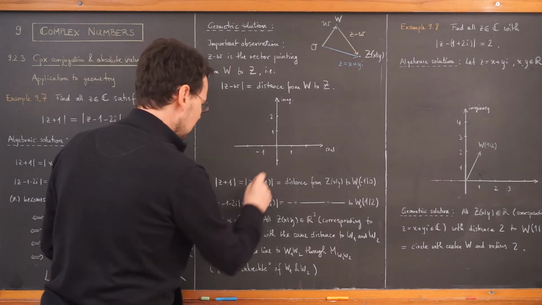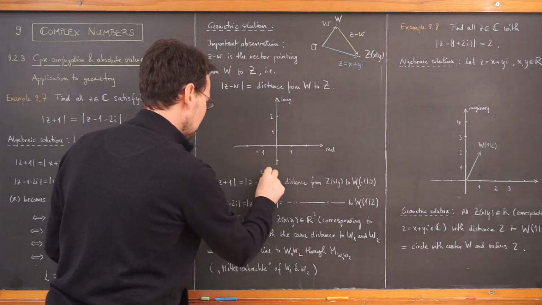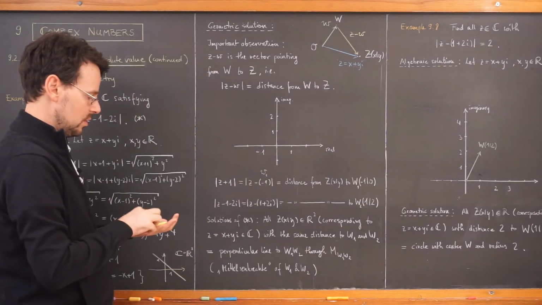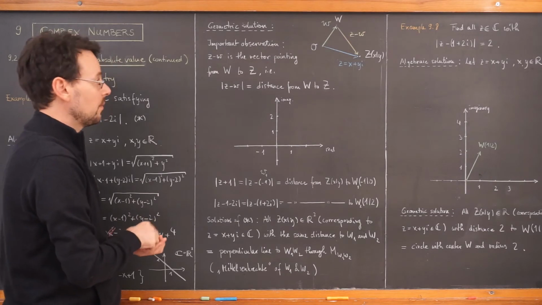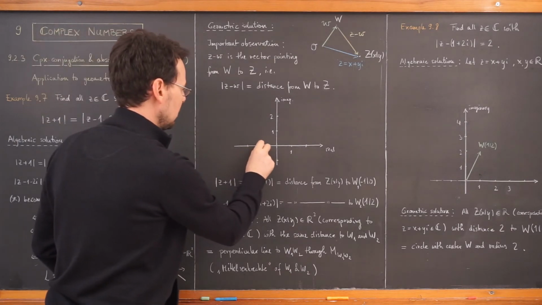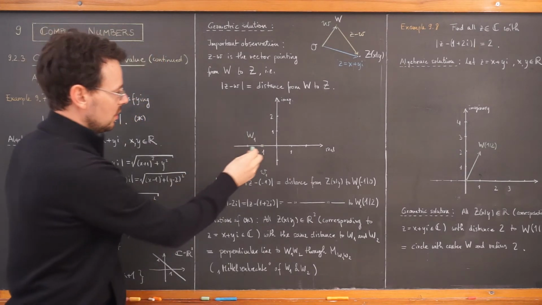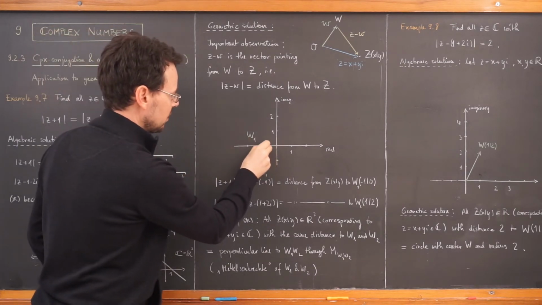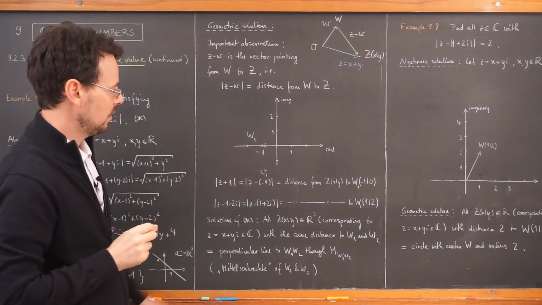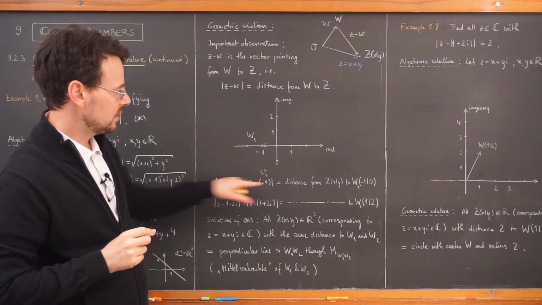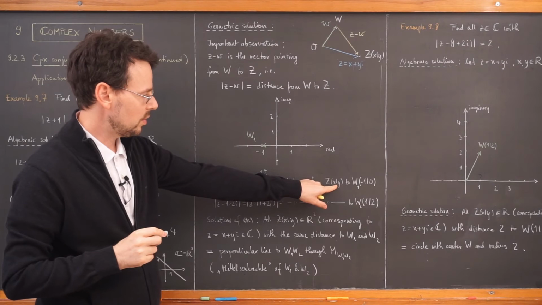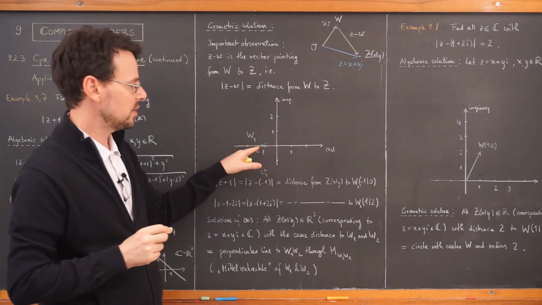Now we have a complex number here, which I call small w1, which lies here. So this is the point w1, and this is the complex number associated with it. And this is nothing but the distance from the point Z to this point here.